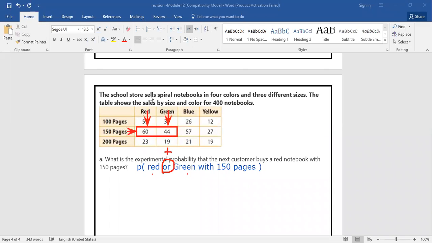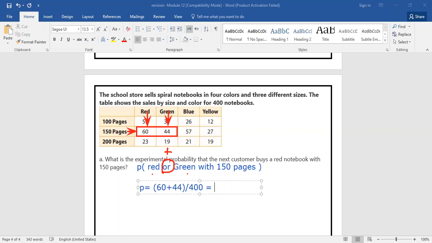Very good. Then the experimental probability will be 104 over 400. We open a parenthesis first to add the two numbers over 400. So the answer equals 13 over 50. Is this in simplest form?